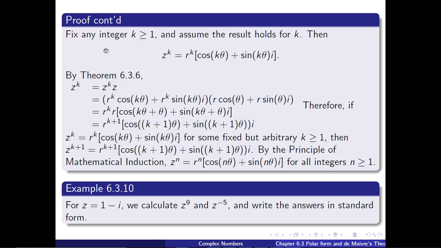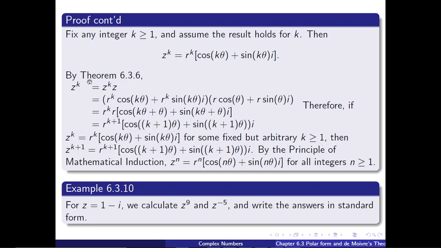Now suppose that we fix an integer k which is greater than or equal to 1, and assume that the result holds for k, and we want to show that if it holds for k, then it has to hold for k plus 1. So if it holds for k, then what it means is z^k = r^k (cos kθ + i sin kθ), right?